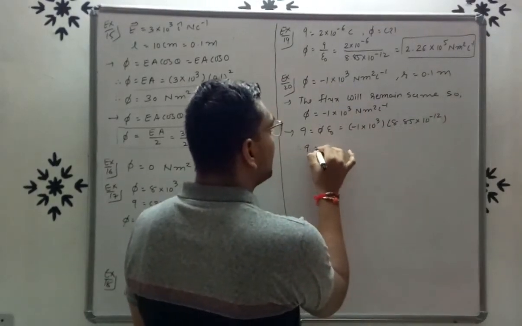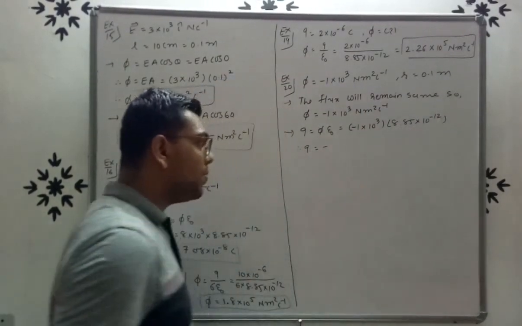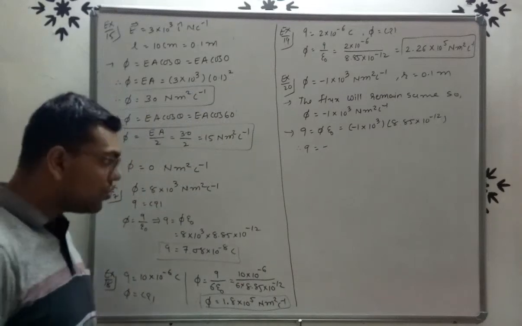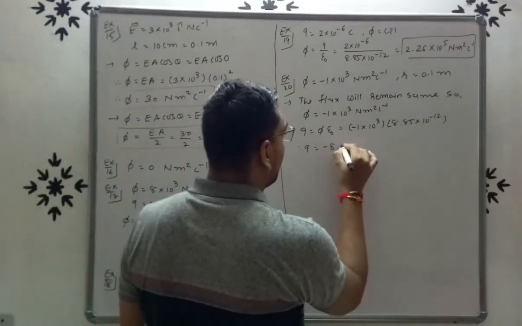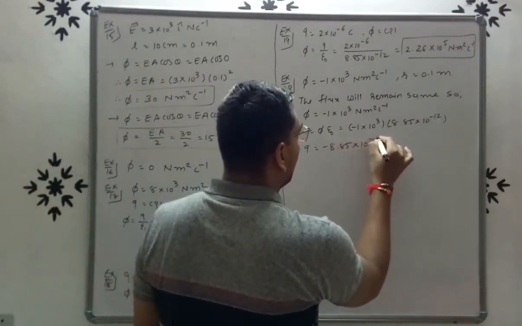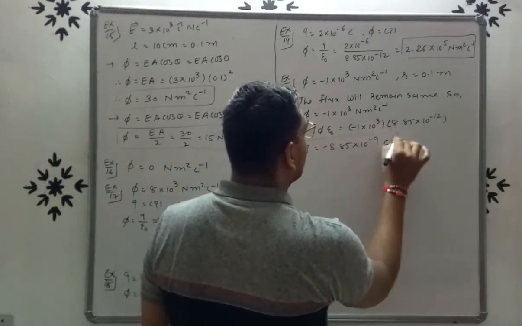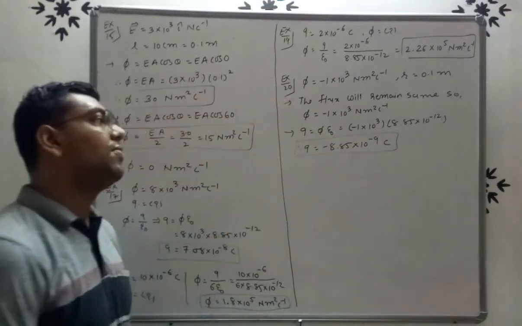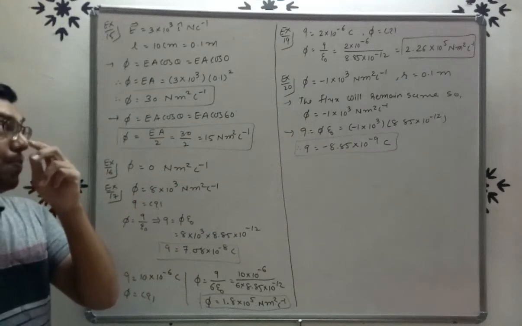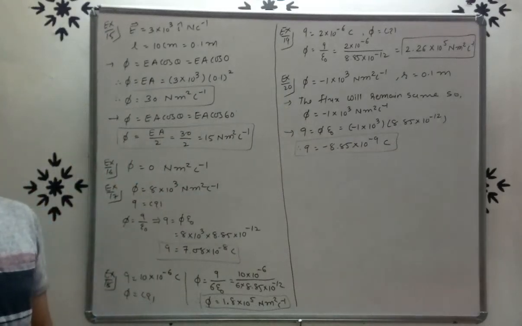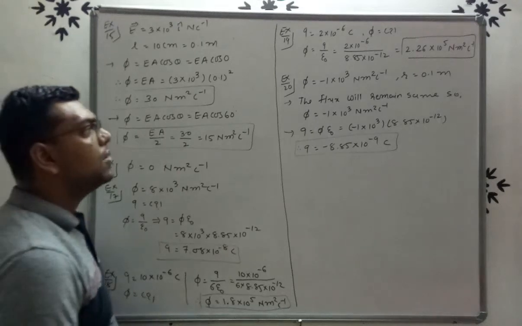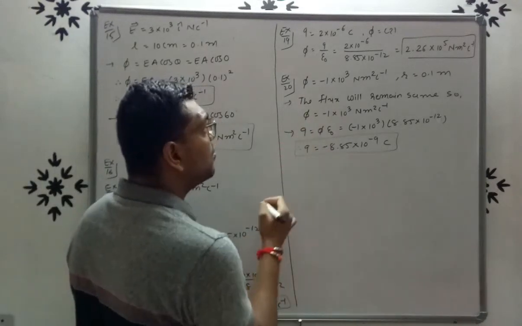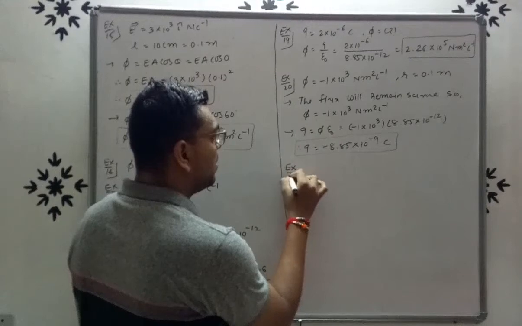So after the calculation, you will get -8.85 into 10 raised to -9 coulomb. Right. Or we can say -8.85 nano coulomb. So again we use the same formula of flux: phi is equal to Q by epsilon 0. Therefore Q is phi into epsilon 0.